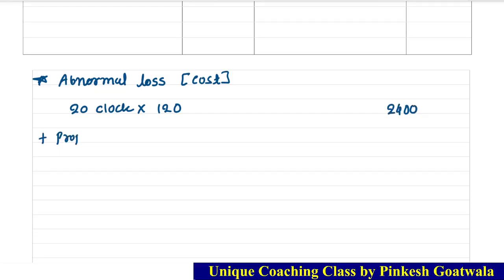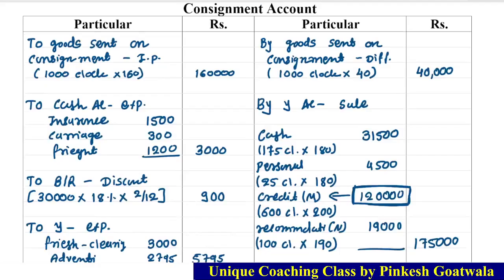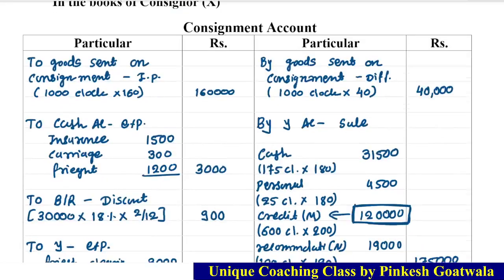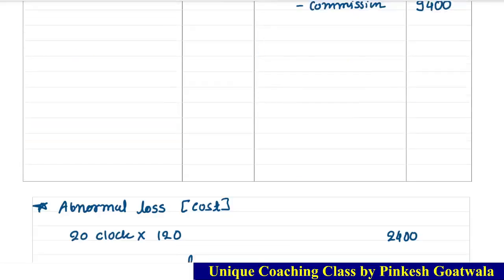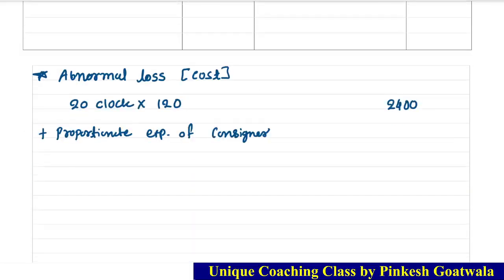Plus here we add the proportionate expense of the consignor. How much expense was done by the consignor you will get in the consignment account. Consignment expense given in the cash account is total 3,000. Here we take all the consignor's expenses, and for how many clocks? Total 1000 clocks. So for 1000 clocks, 3,000 expense was done.